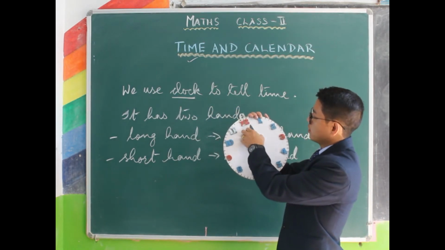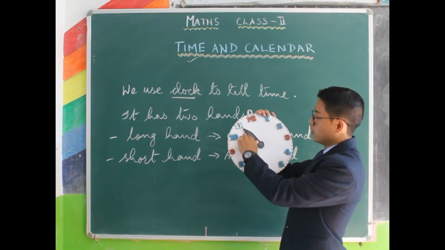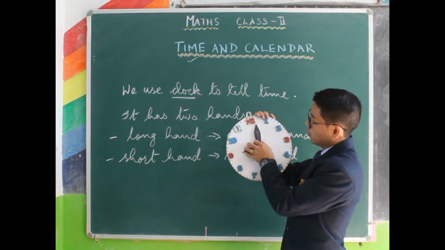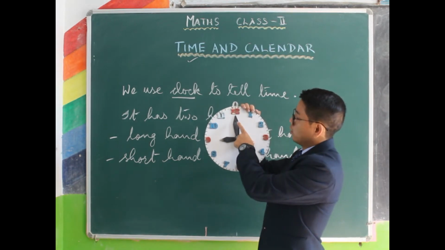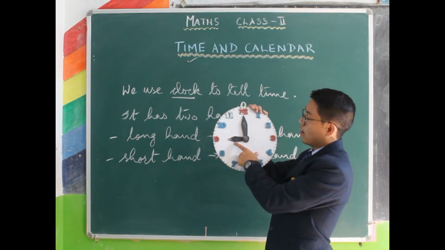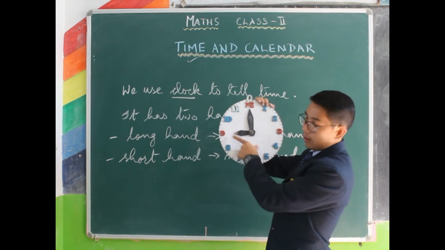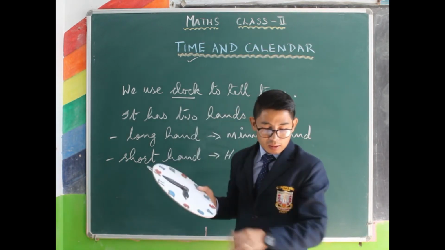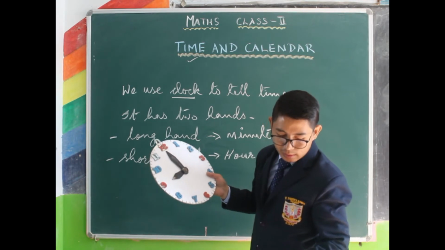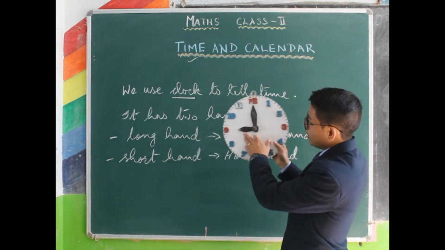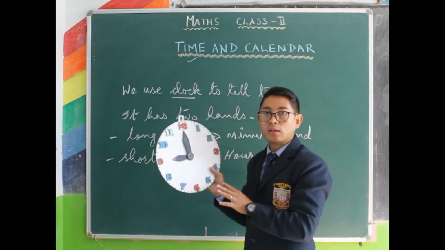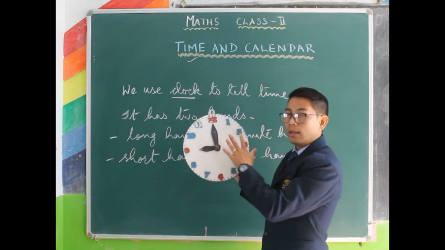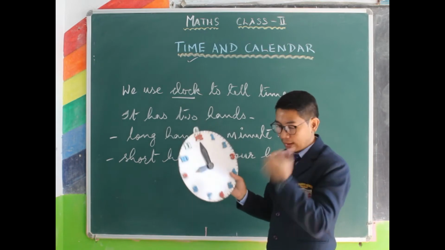This is according to the book; it is there in your book. So the minute hand is at 12 and the hour hand is at 9. The time here is 9 o'clock.